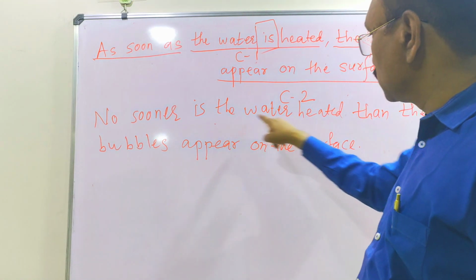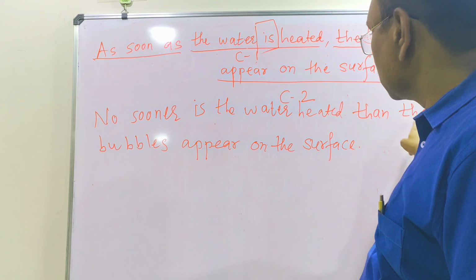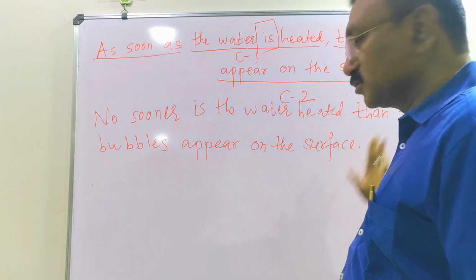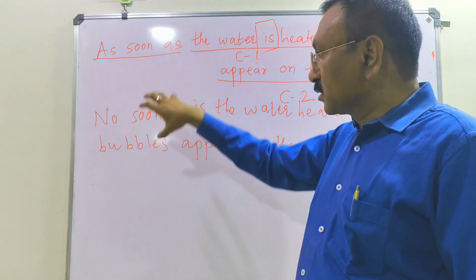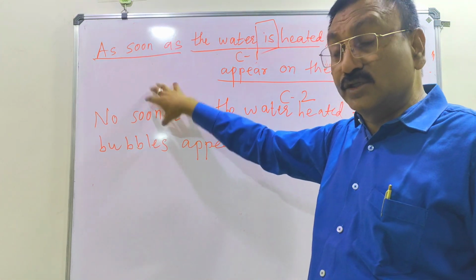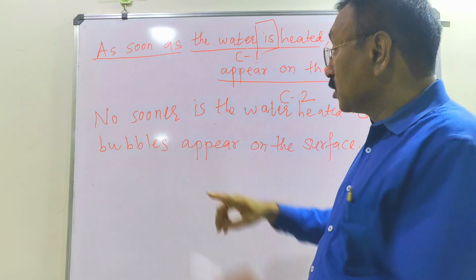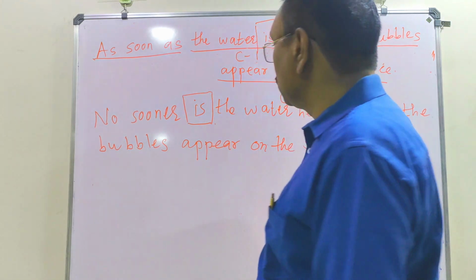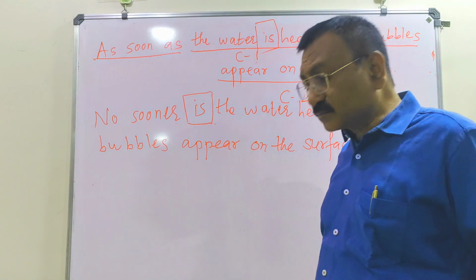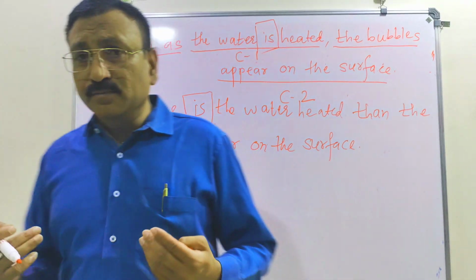No sooner is the water heated than the bubbles appear on the surface. Always keep in your mind that the conjunction no sooner is often followed by an auxiliary verb. This is very important. Auxiliary verb.